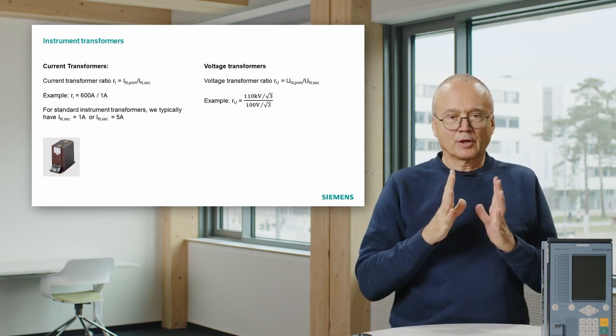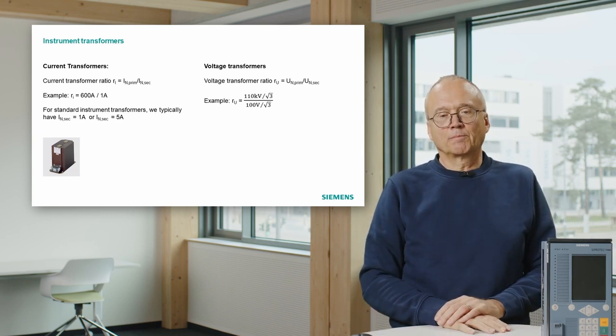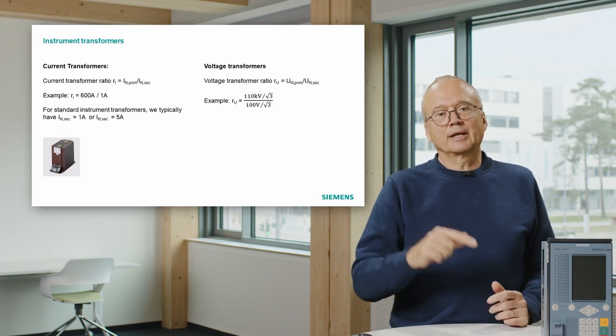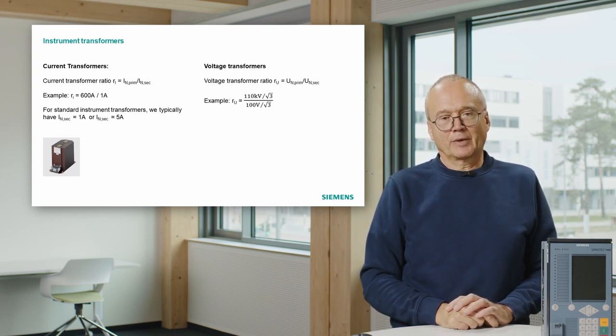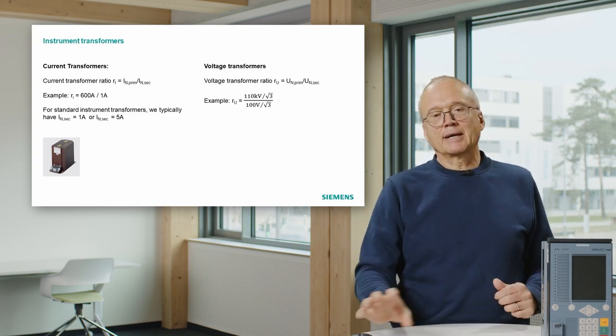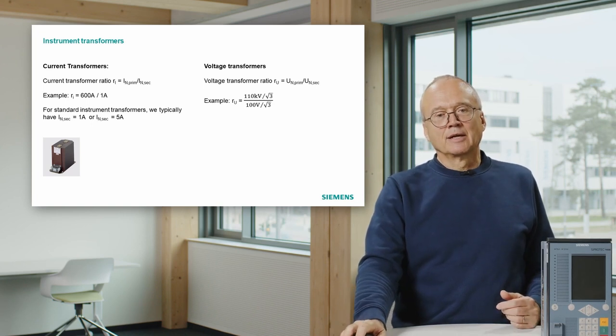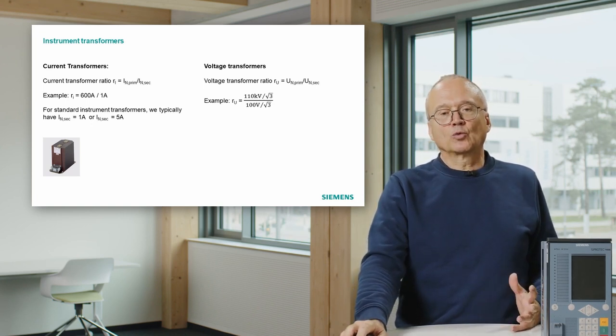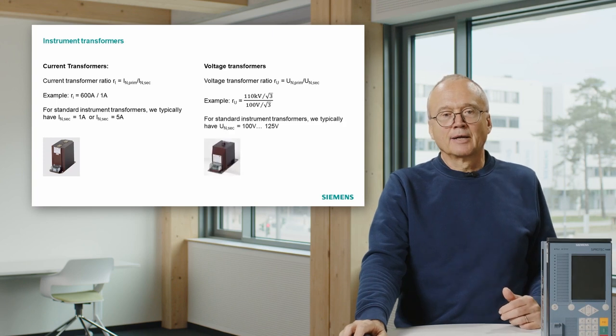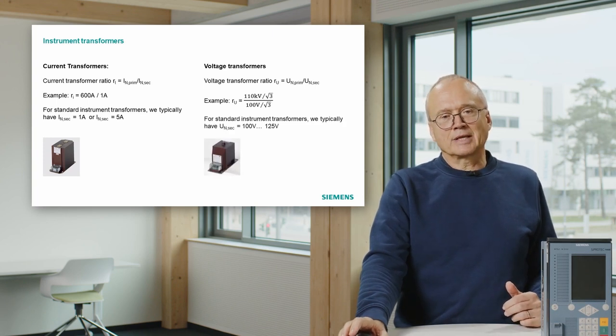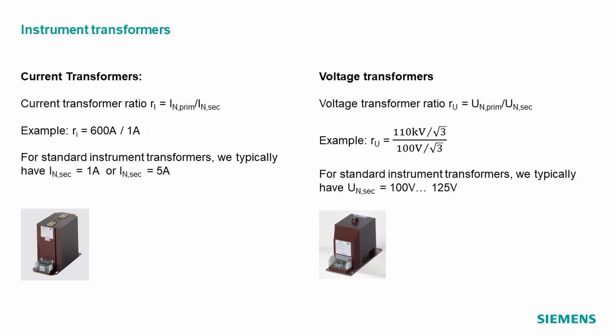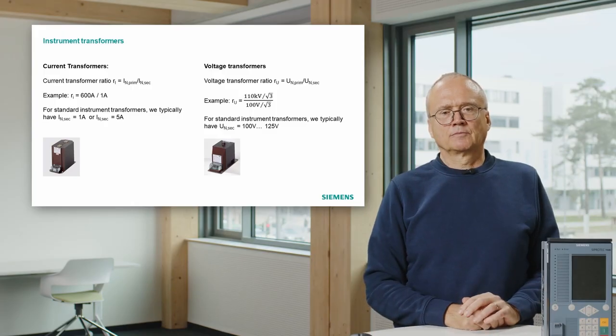That means the voltage they see in normal operation is in this case 110 kV divided by square root of 3. Same applies to the secondary side. It is normally something around 100 volt, also there divided by square root of 3. This voltage is also not quite standardized. 100 volt is a thing you often find, but you also may have 110 or even 125 volt.